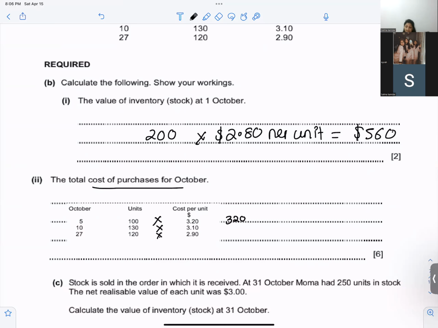And 120 into 2.9, which is 348. So total is 1071.